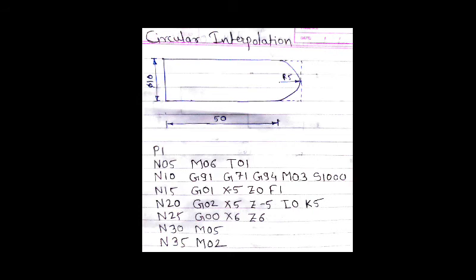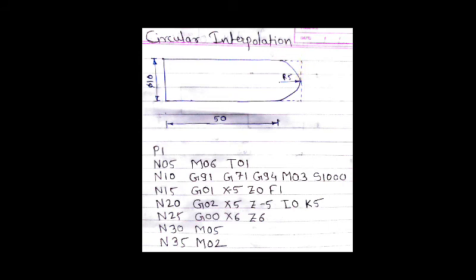And then we did the facing operation in the next block. Here we have used the code N15 G01 X-5 Z0 F1. And here I am going to tell you one more thing: as I already told you, the spindle axis is the Z axis, the horizontal axis, and the vertical axis is the X axis.